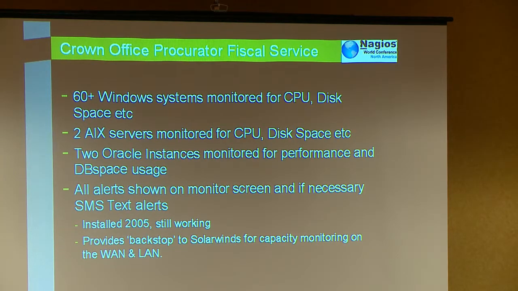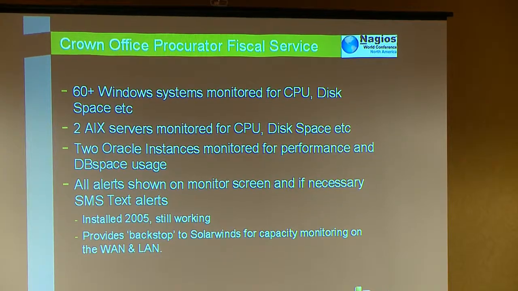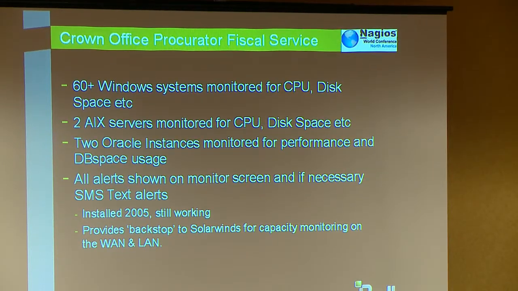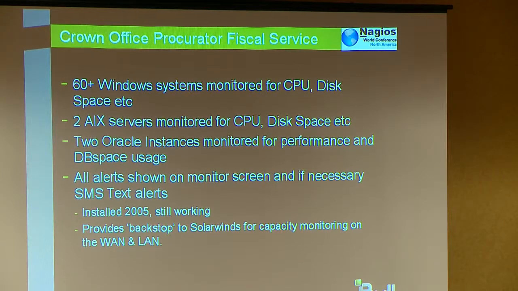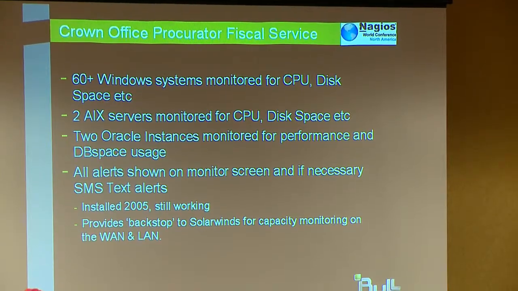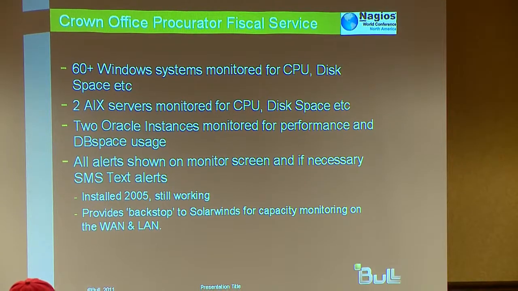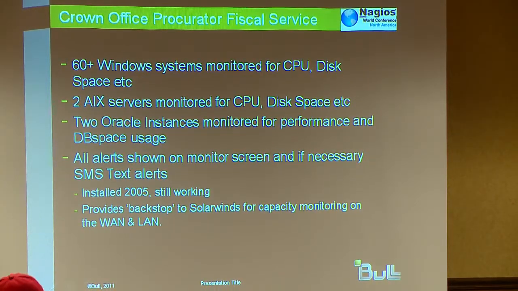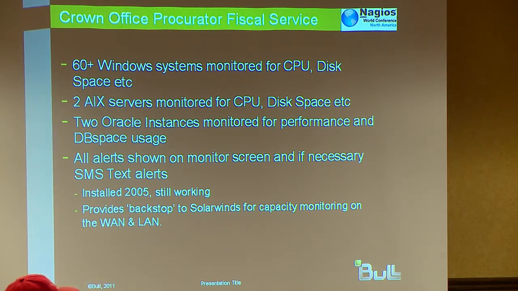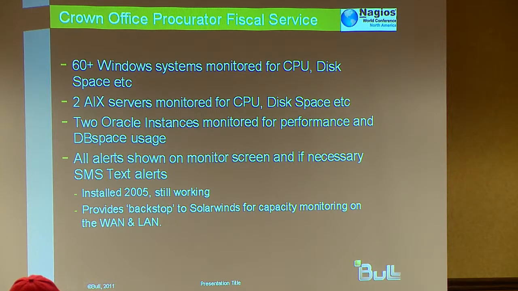So what do we get? 60 Windows servers, monitored for disk utilization, 2 AIX servers, and these are fairly big boys, and literally they were big. Monitored for CPU, Oracle instances, DB space alerts. Because of the nature of their caseload, shall we say, occasionally things would happen very quickly and they get a lot of incidents, which used to fill up their systems.